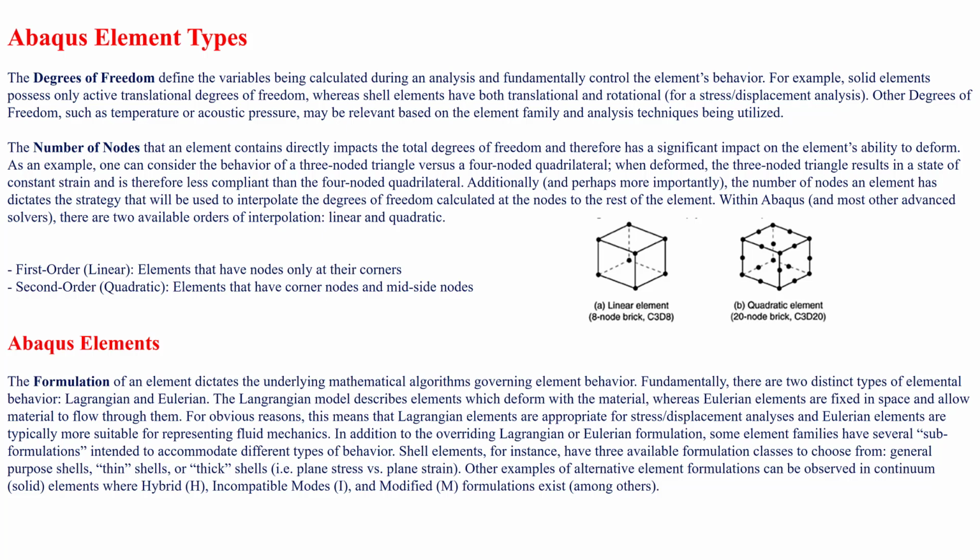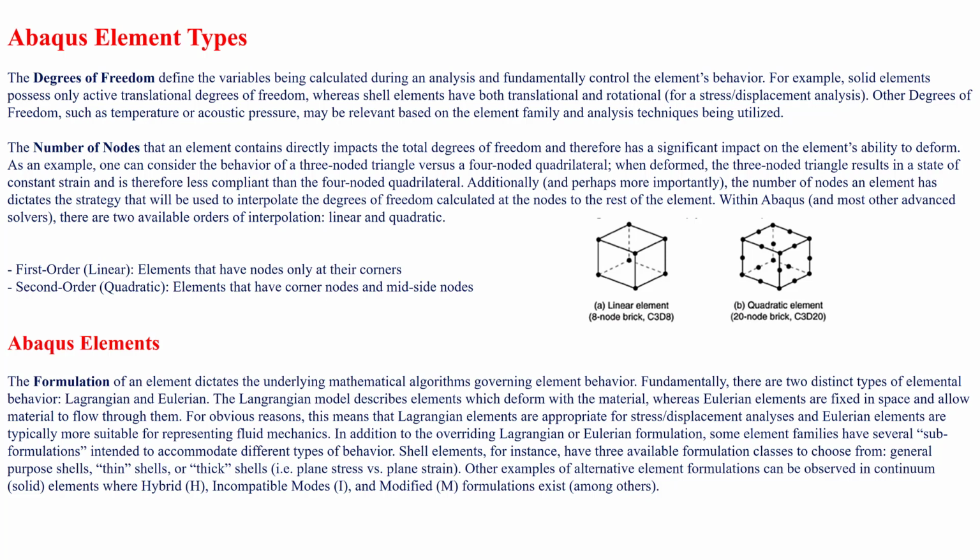In the second order, the elements have the corner nodes as well as mid-side nodes. You can see we have taken this solid brick model, 8-node, that is C3D8. The 20-node element, which has second order properties, is C3D20. Fine. So with respect to the requirement, we have refined these Abaqus elements.